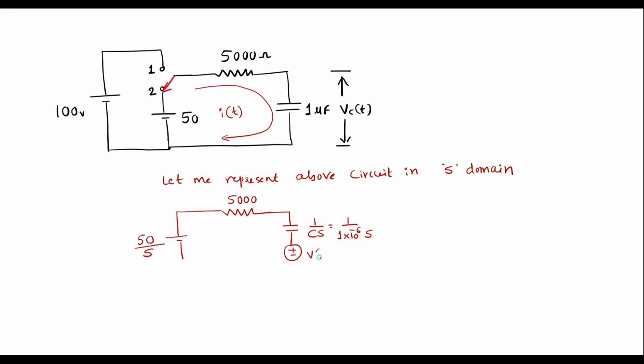It can be represented as V of 0 minus divided by S. So here V of 0 minus is 100 and it is 100 by S. So here I of t in S domain, we will represent it as I of s. So now I will apply KVL to this S domain circuit.